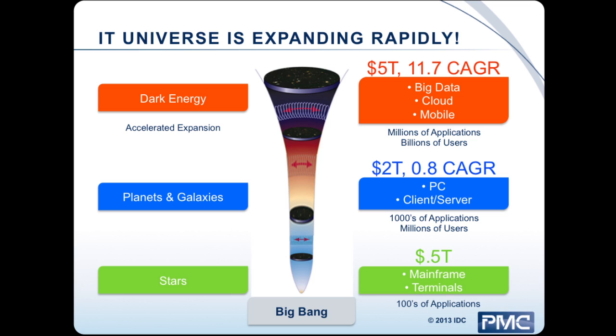But a clear pattern does emerge where when a new high-volume client device enters, what comes with it is a lot more new consumers of this new IT platform, as well as lots of new applications. So here we are today in this third platform era of what we call in the industry cloud computing.